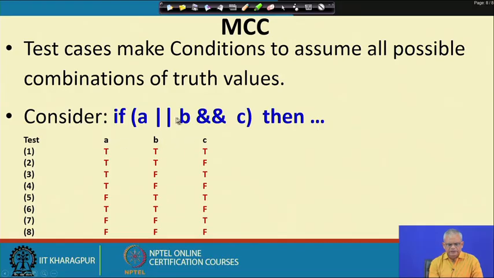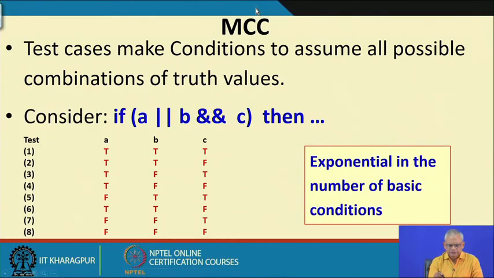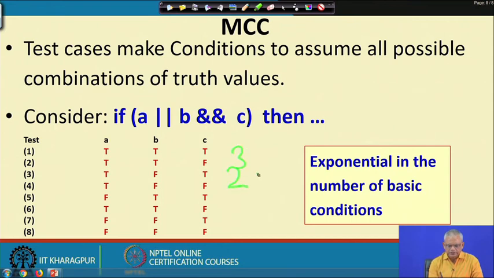A, B, C, these are the 3 sub expressions or Boolean variables, and then all possible combinations of the truth outcomes of these, true, true, true, true, true, false, and so on. 2 to the power 3 is 8 test cases needed.